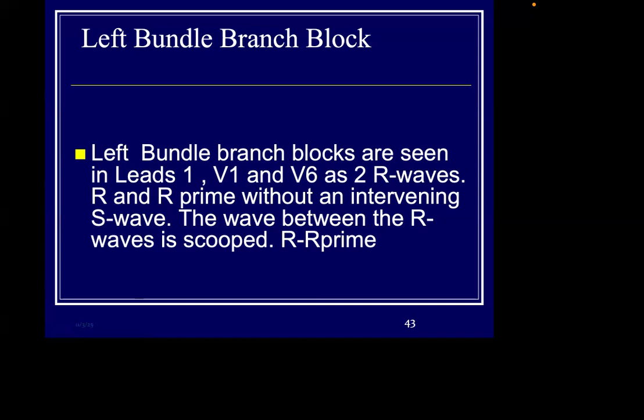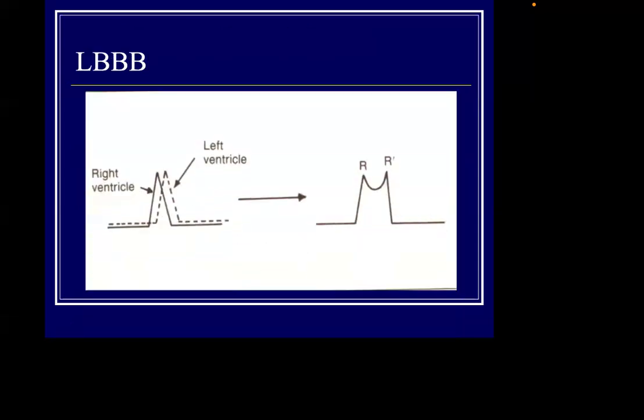So the R and R prime in LBBB will not be intervened by an S wave. And usually you see it in lead 1 as what is called an M shape. You will see the first R wave and the next R wave without an intervening S wave. So very clear. This is the R wave, and this is the next R wave.